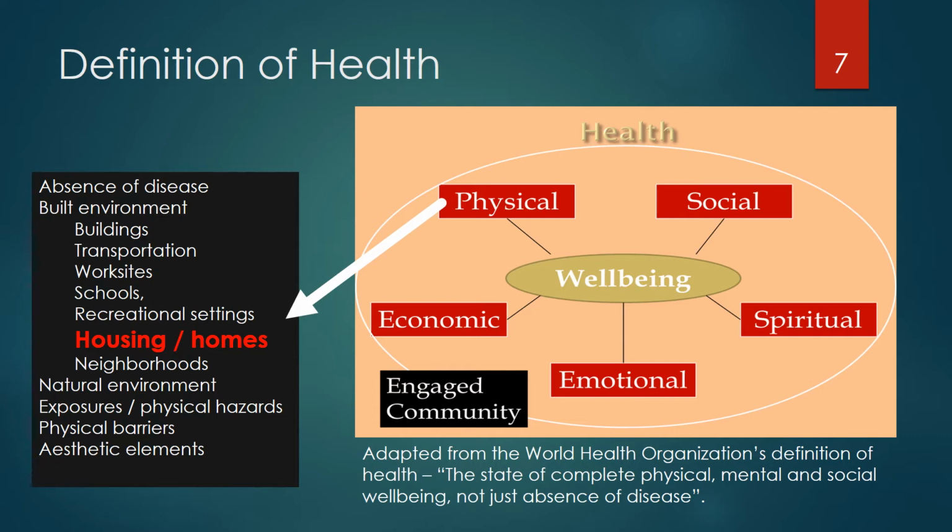Other key factors that impact physical health include the natural environment, like the weather or location near a river, exposures and physical hazards, physical barriers, including those for persons with disabilities, and aesthetic elements, such as good lighting, trees or benches, etc.